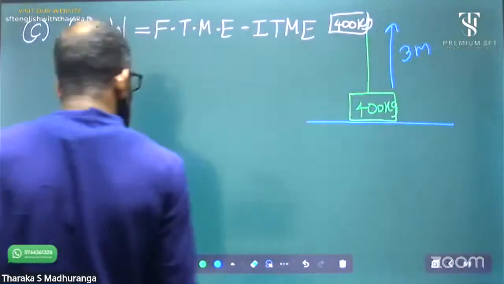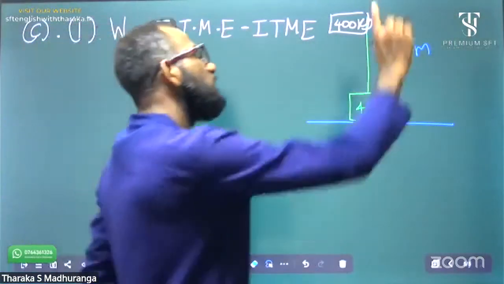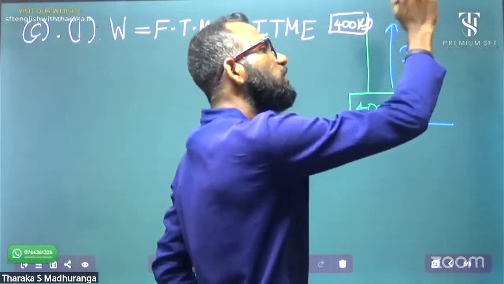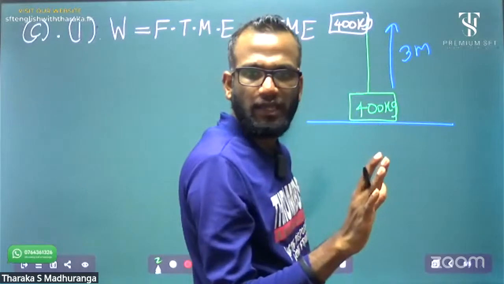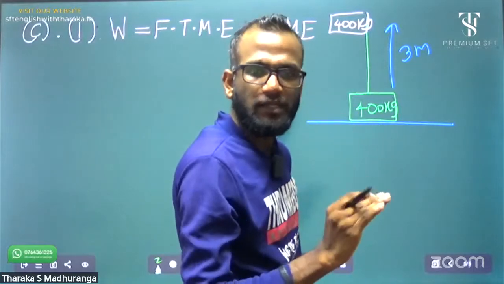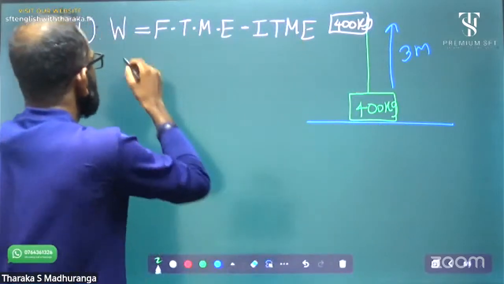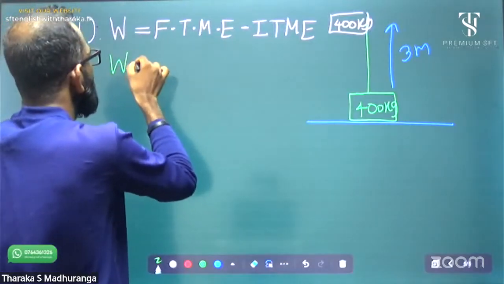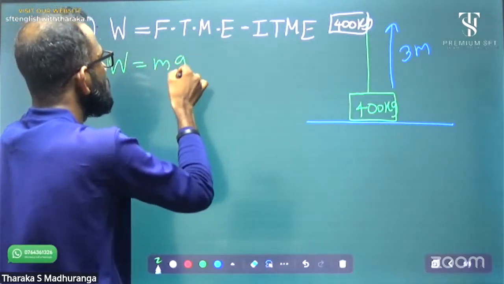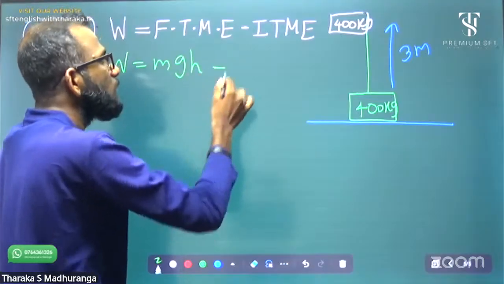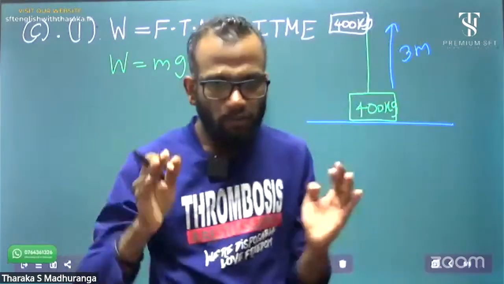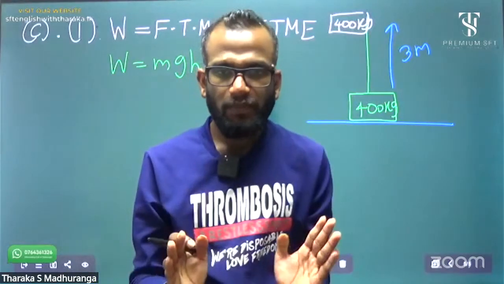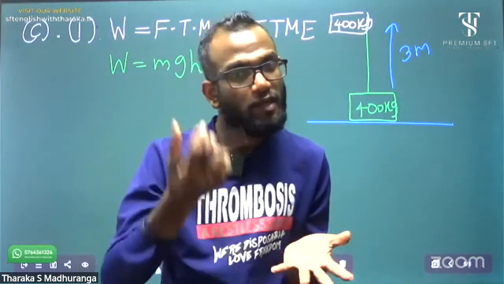Tell me, what is the final total mechanical energy? At 3 meter above point, potential energy plus kinetic energy. But this object has no velocity, therefore no kinetic energy. It has only potential energy. What is the equation? mgh. Work equals mgh minus the initial total mechanical energy. At initial it is ground level and at rest, no velocity in the upward direction.